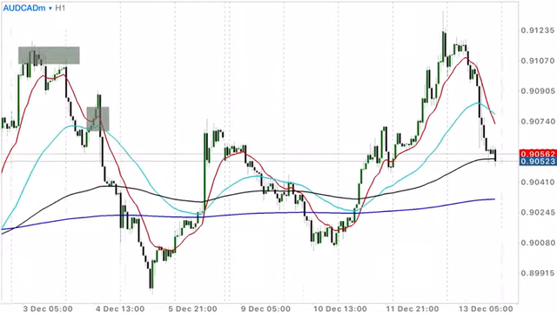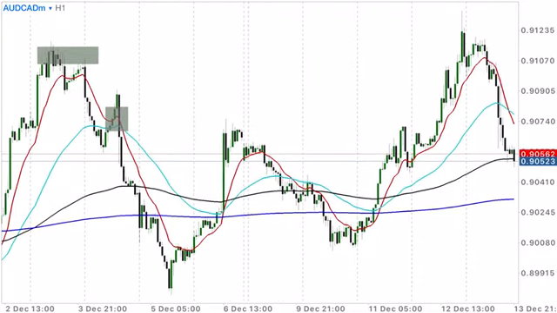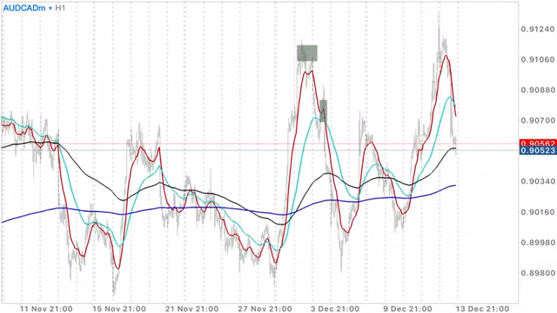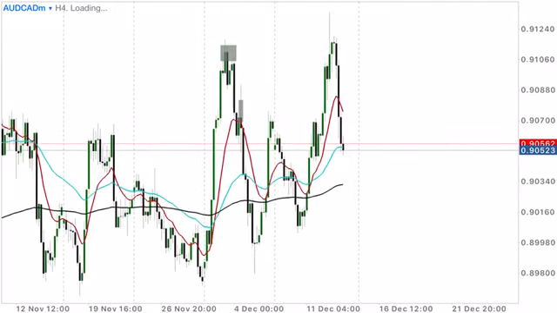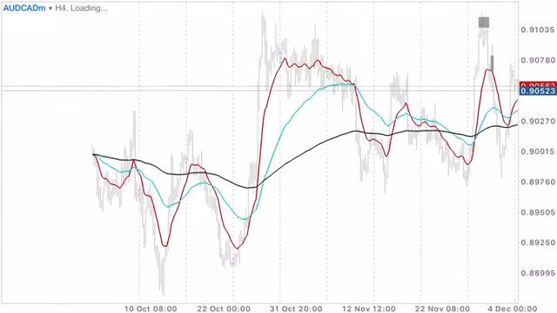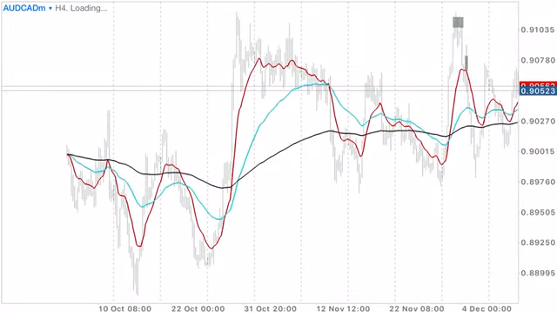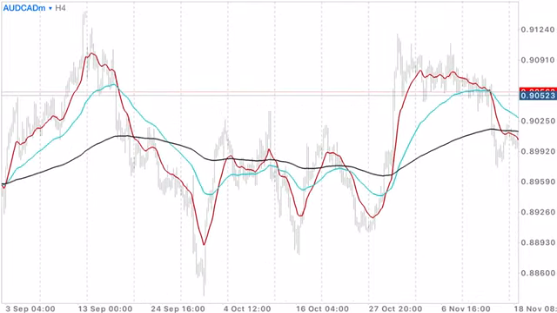Anyway, the first pullback to the EMA50 then becomes our ID50. If we come to H4, my network is so slow.